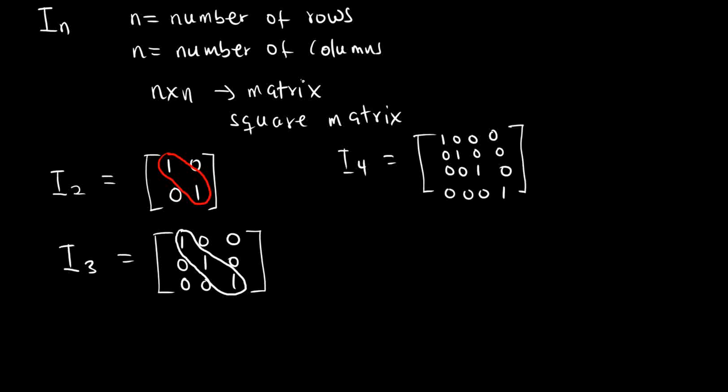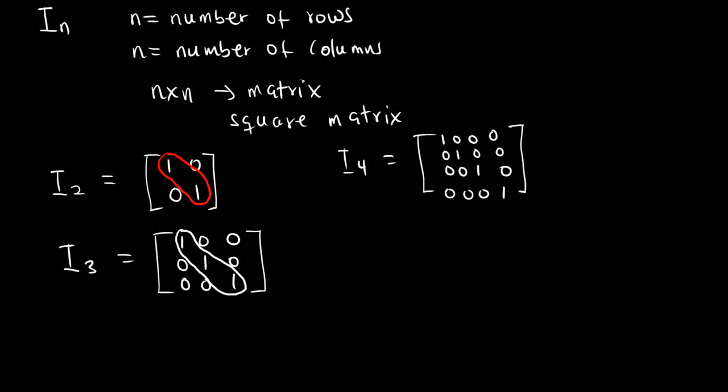You see that all the entries on the diagonal from the upper left to the bottom right are all 1s, and the remaining entries are 0. So that's what an identity matrix is. If n equals 4, you're going to have a 4 by 4 identity matrix. If n equals 2, you're going to have a 2 by 2 identity matrix.